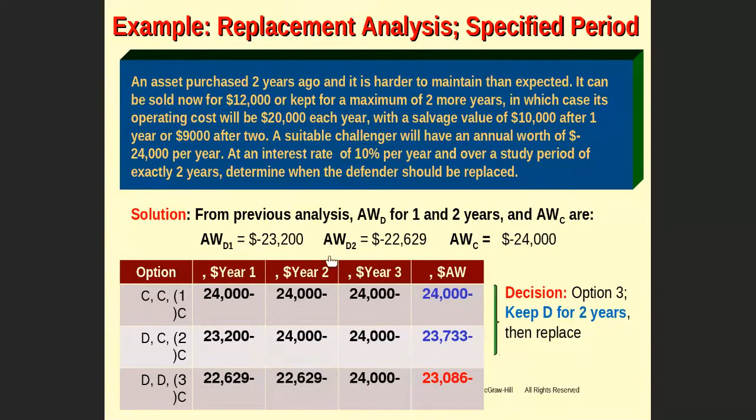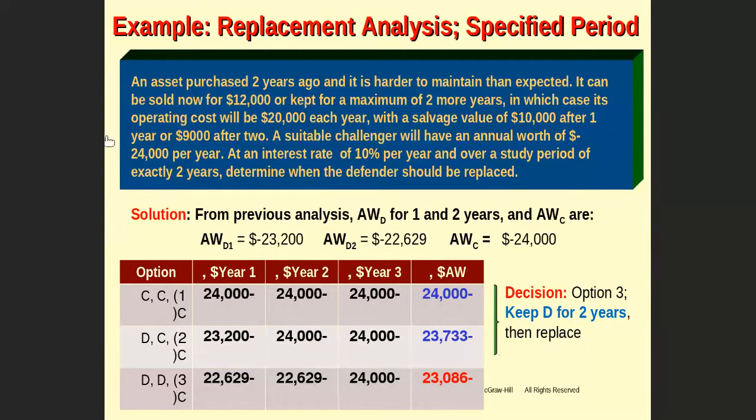If we are going to do that, we will do the formulation as is: minus 12,000 A given P with the 10% for 2 years, minus 20,000, no need to be converted, plus 9,000 multiplied with A given F 10% for 2 years, and that will give us the 22,629.